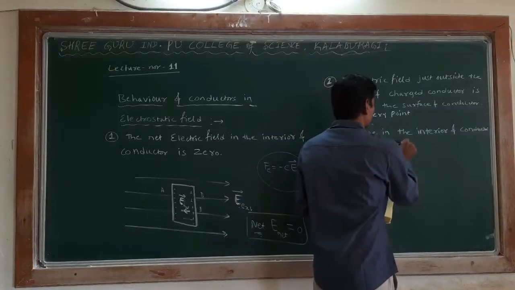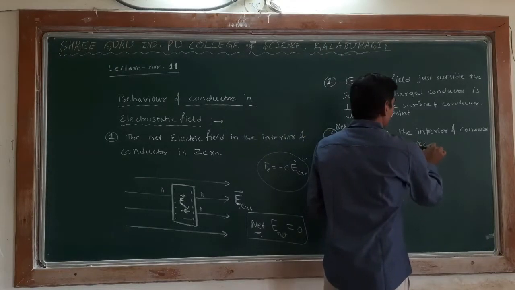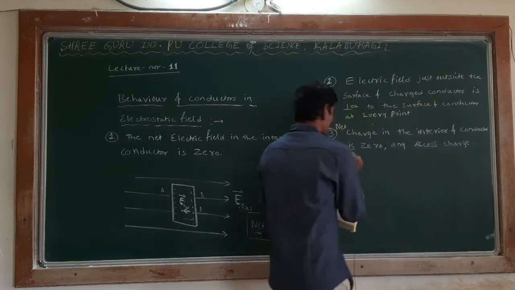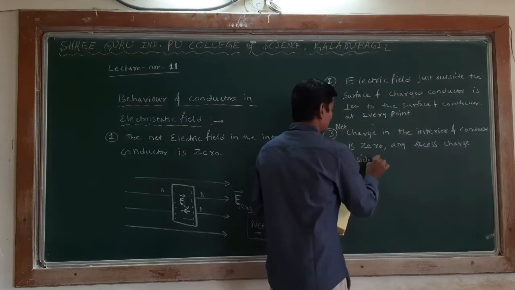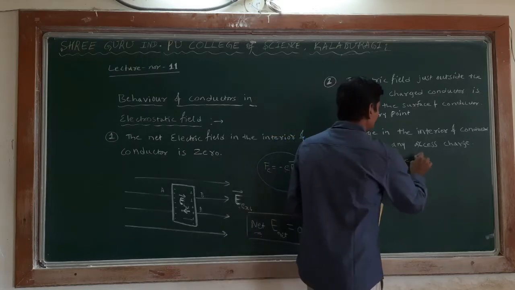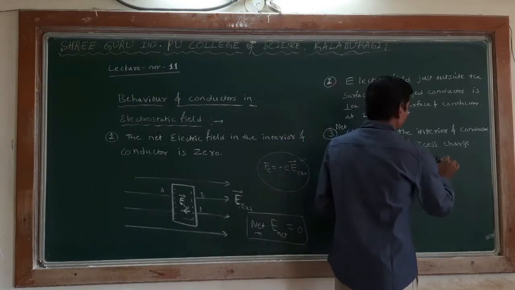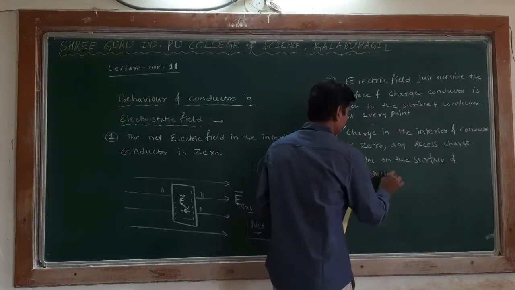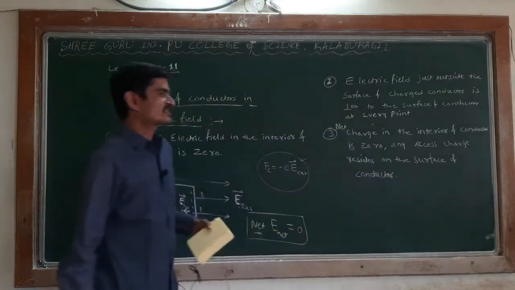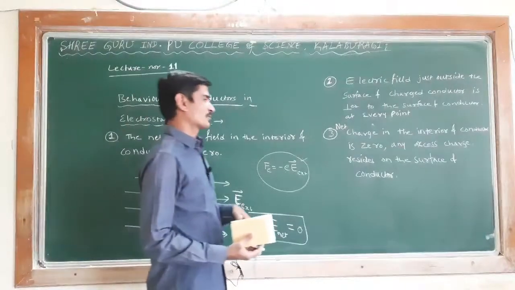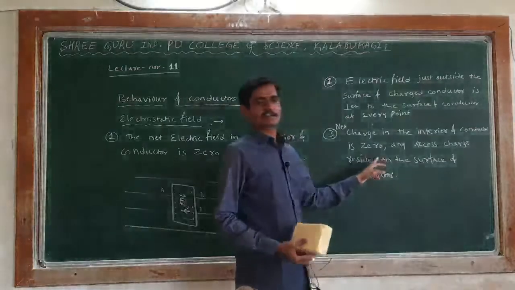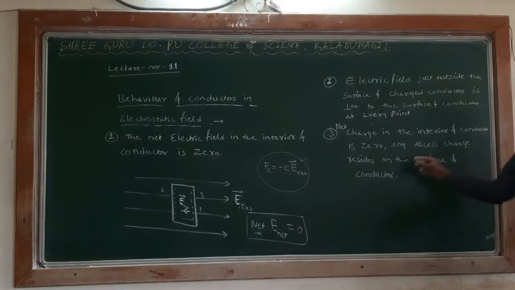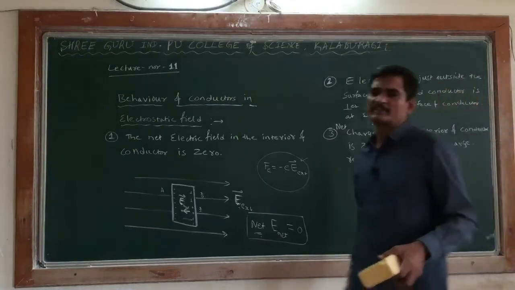Any excess charge resides on the surface of the conductor. Here, net charge in the interior of the conductor is 0. If any excess charge is there, that charge will reside on the surface of the conductor.